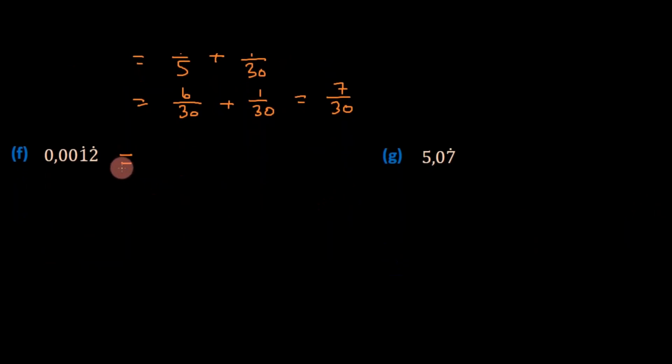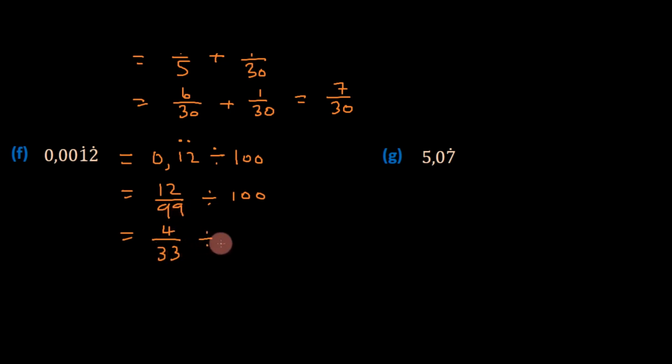Let's look at F. It's going to be comma 1, 2 recurring, but then divided by 100. This, of course, will be 12 over 99. We have 2 digits recurring here. So we divide by 2 nines. We can first simplify this. 3 into 12 4 times, and into 99 33 times.